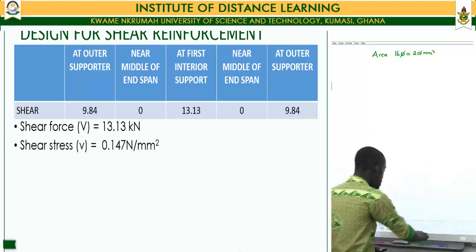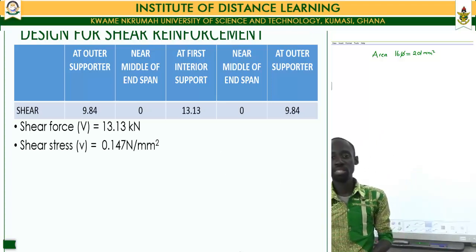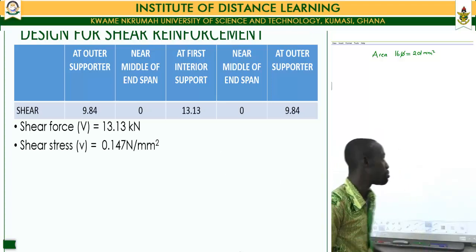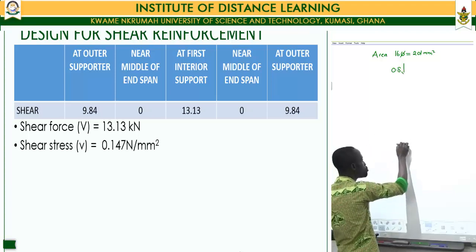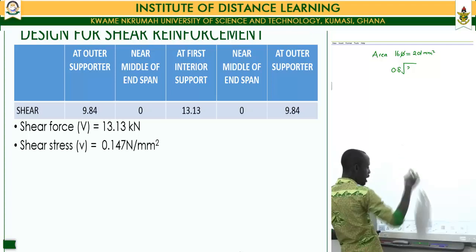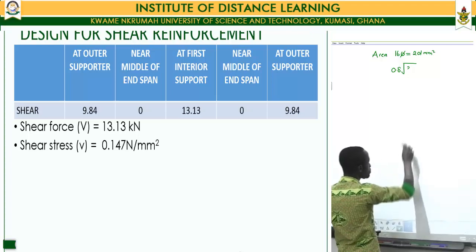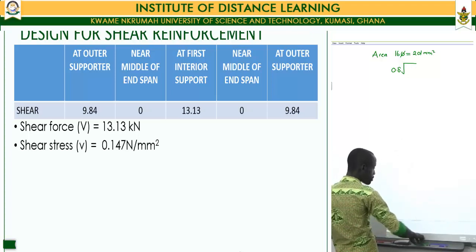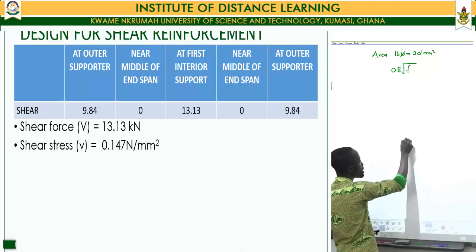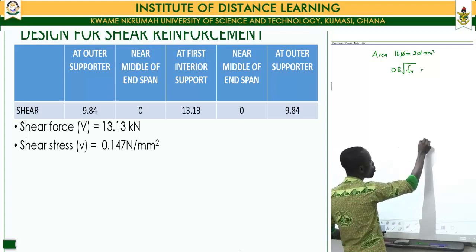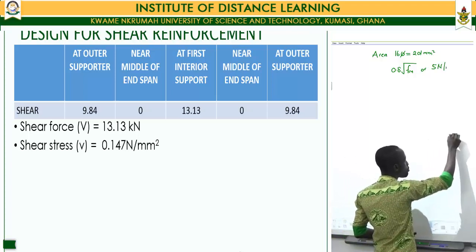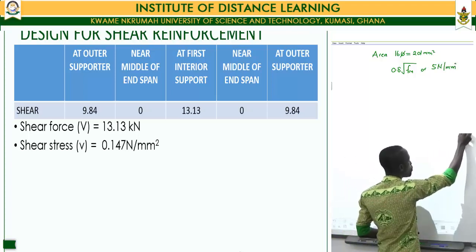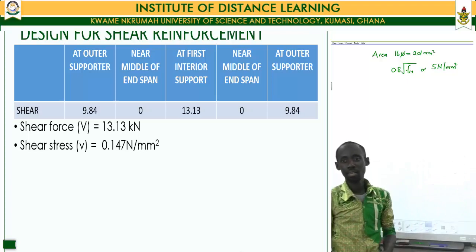Now, according to the BS code, under no circumstance should the shear stress value in our beam be greater than 0.8 the root of our concrete grade, which is our FCU, or 5 newtons per millimeter squared, whichever is the lesser.